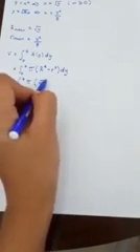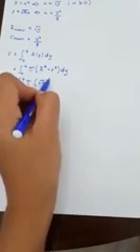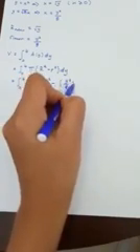So we have the integral from 0 to 4 of pi times square root of y squared minus y squared over 8 squared dy.